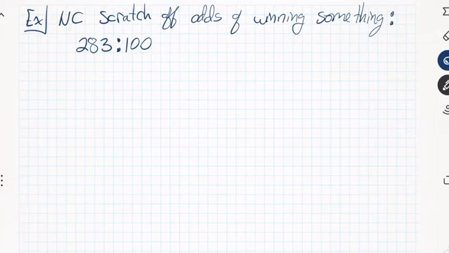I guess they're trying to make you think that you're going to succeed instead of writing the failures first. So this is the failures compared to successes. So you have 283 ways of failing, winning a scratch off, and 100 ways of winning something off your scratch off. Now, these are all the prizes.